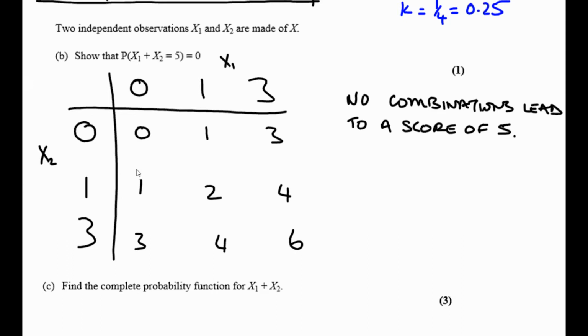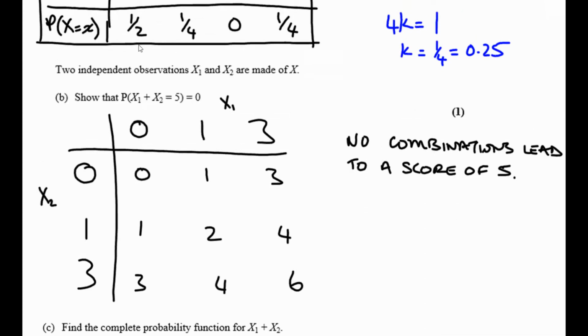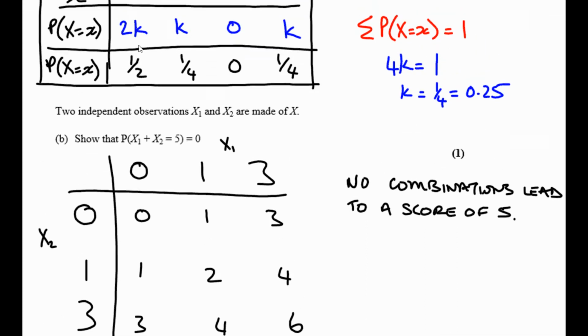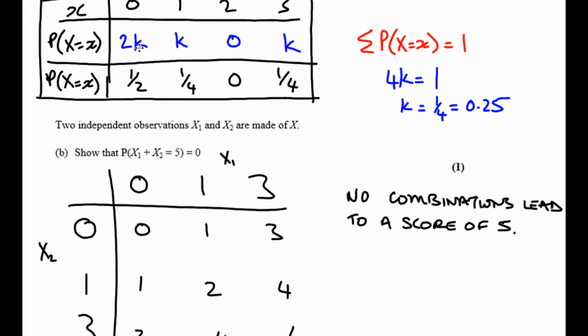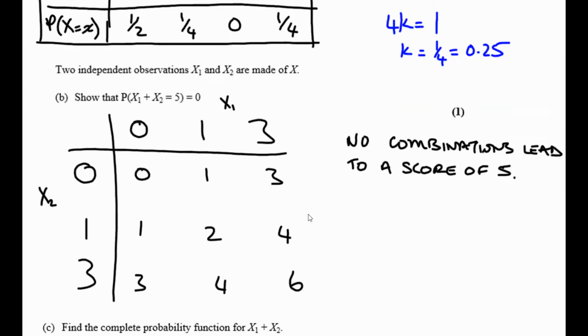Moving on, we're asked to find the complete probability function of x1 plus x2. And this is why I've made so much space in this sample space diagram. I want to know the probabilities of each of these different things happening. Okay, so what is the probability that I get a 0 followed by another 0?